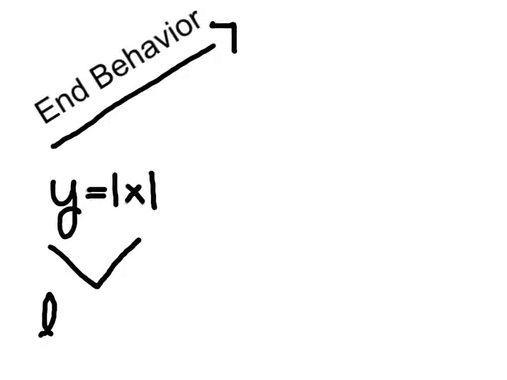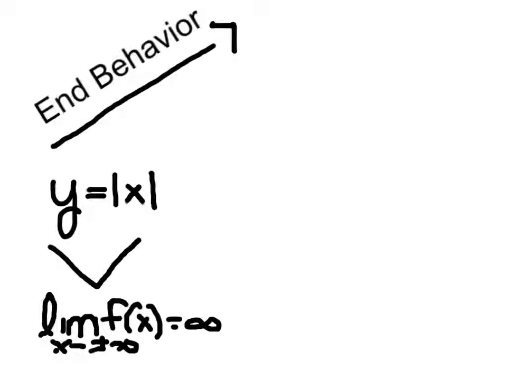For example, if you had y equals absolute value of x, you should know that the shape of that graph is a V, and so the limit as x goes to either positive or negative infinity, both sides of the graph are going up, so the limit is infinity.